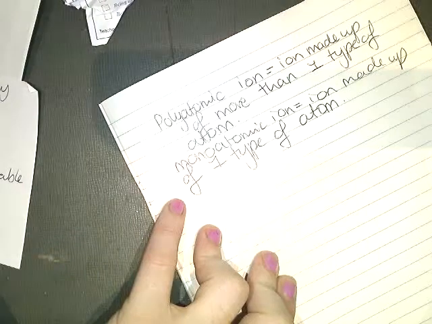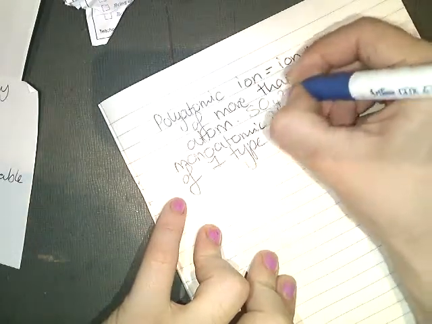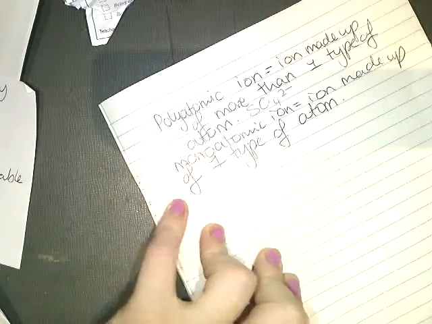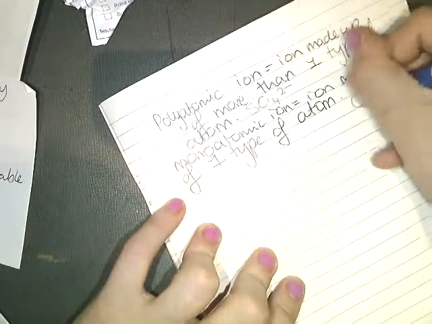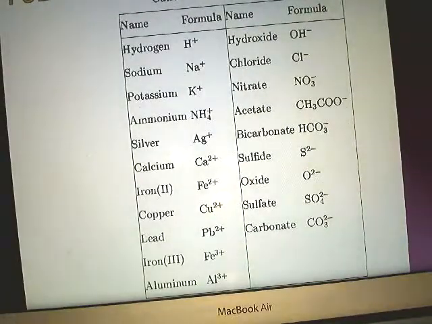An example of polyatomic would be SO4 2-, sulfate. An example of monoatomic is chloride. Some other examples of polyatomic are like so. They need to just be treated like a whole ion, okay, by themselves.